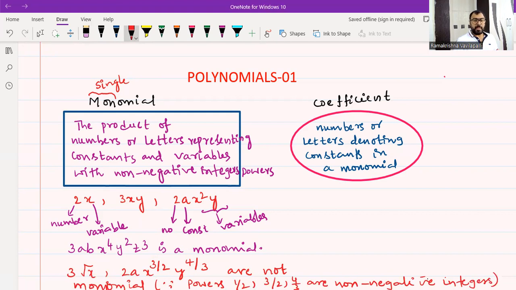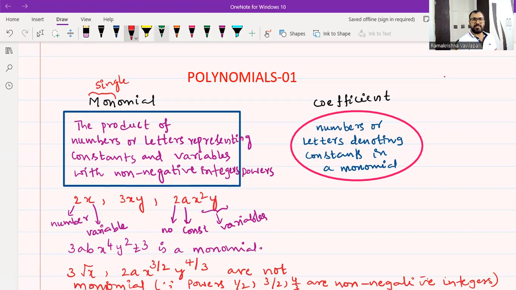Well, in the monomial, there is a term called a coefficient. So here is the definition: numbers or letters denoting constants in a monomial are called a coefficient.